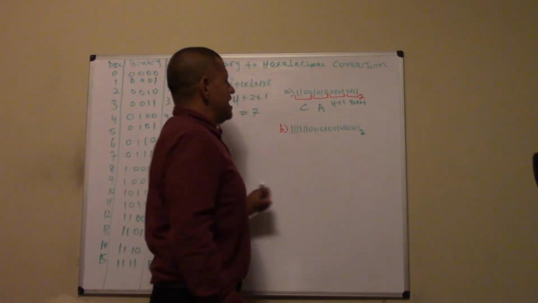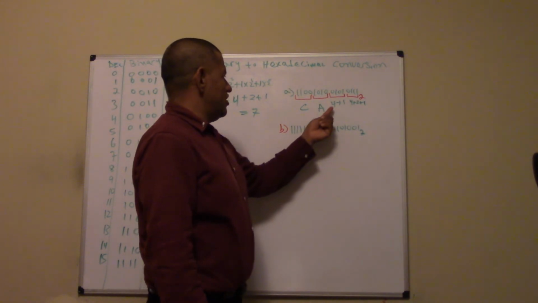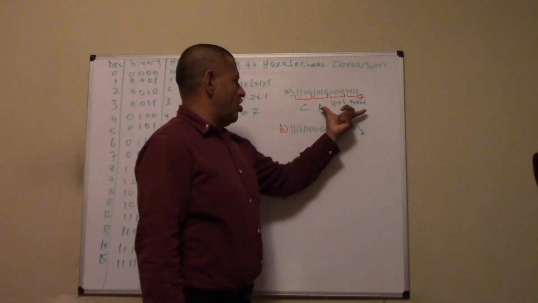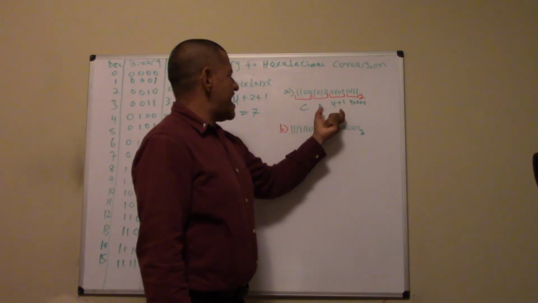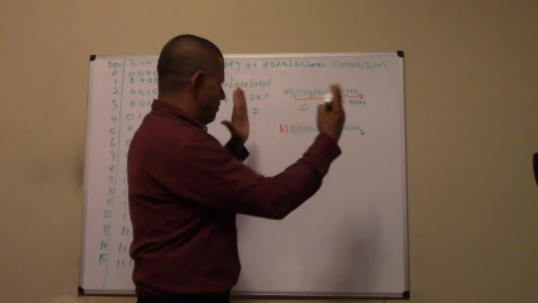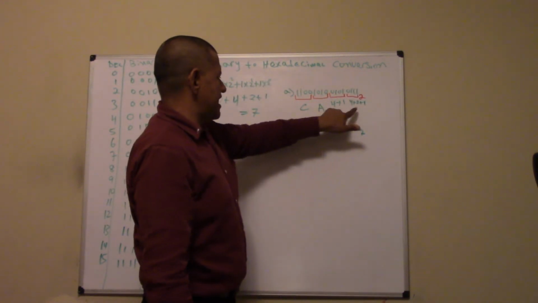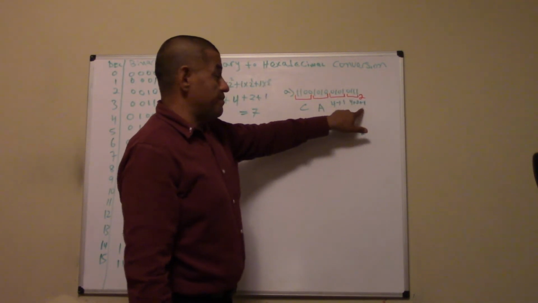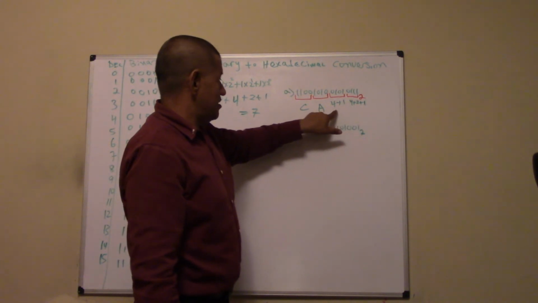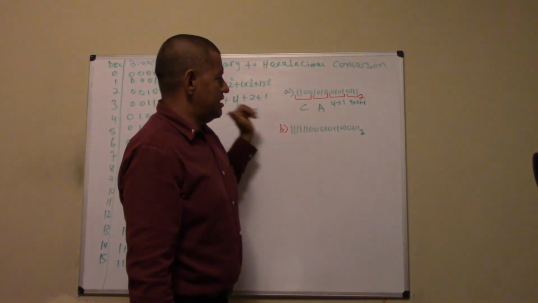Now, this is the kind of tricky part right here. Don't make the mistake and add the whole thing. Just add the bits, the 4 bits that you separated by. You separated by 4 bits, so add those bits together. Add just the 4 bits in each block. Don't add the whole thing.